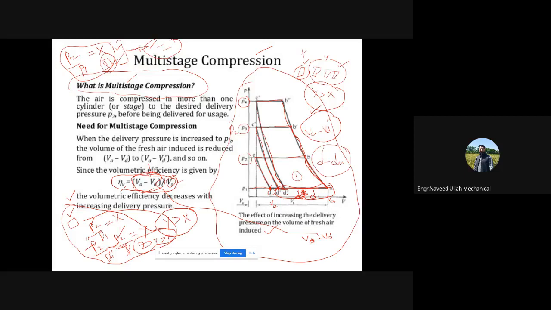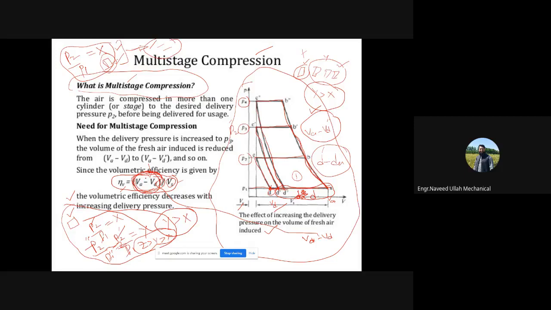So you can see that by increasing the pressure ratio, the induced volume is decreased for the same initial pressure. तो आपके पास क्या होगा कि ये swept volume is the same, the clearance volume is the same, and by increasing the pressure ratio in the same single stage or single cylinder reciprocating air compressor, the induced volume decreases, ठीक है, ये induced volume decrease होता है.